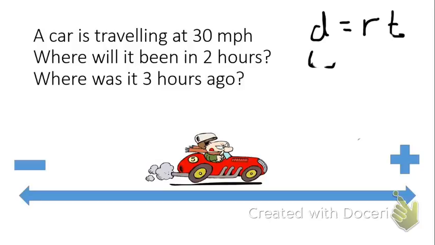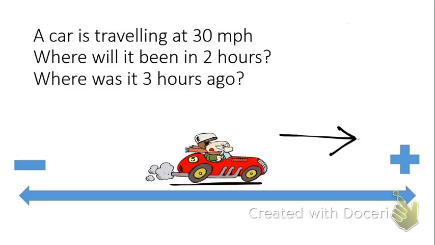Now let's switch that up, and now let's look at that second question. Rather than focusing on where will it be in 2 hours, where has it been? Well, if he's heading in this direction, then where he's been is clear back here. So we know that our distance is going to be a negative. Let's see how that plays out with our equation.